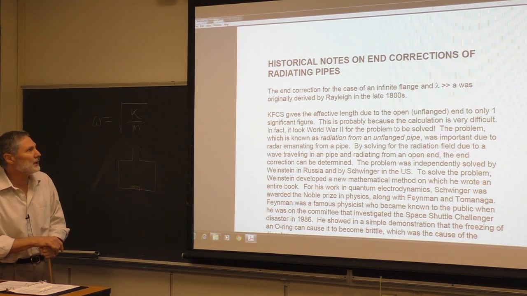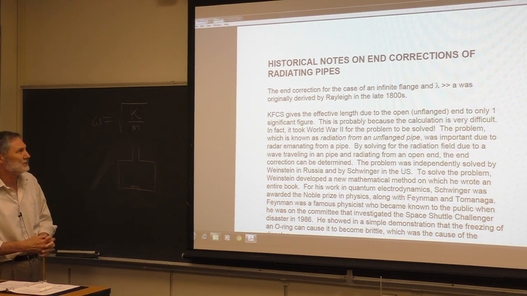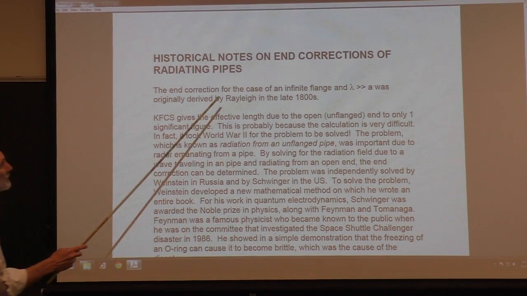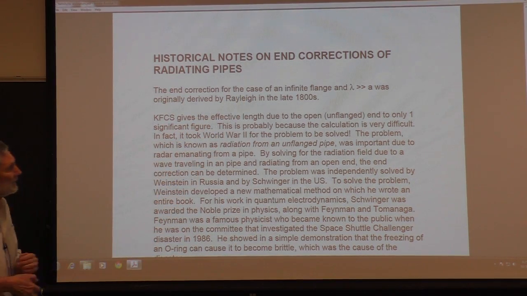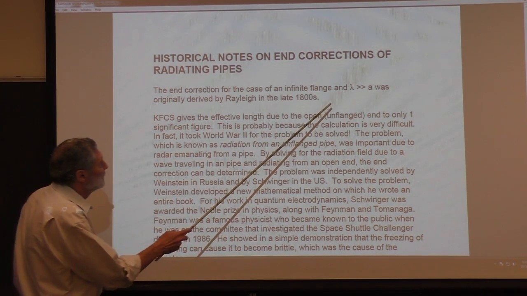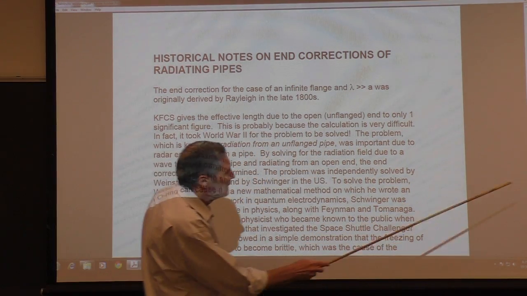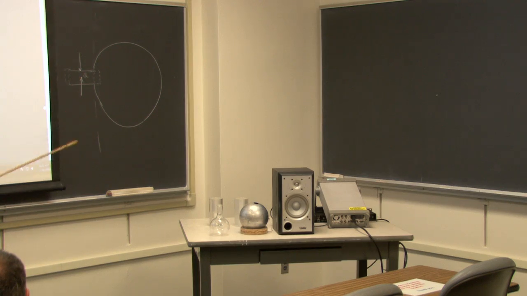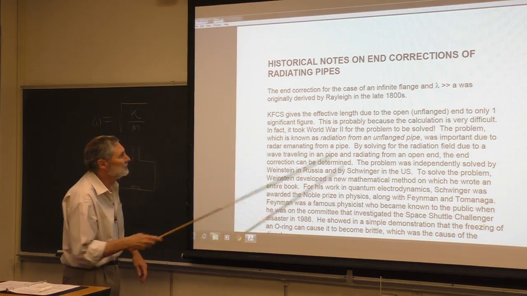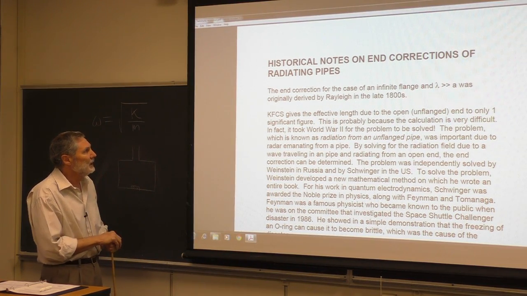All right, but before we do that, I want to mention some interesting historical notes here. So Rayleigh found he could analytically do it, and we'll go through essentially this calculation, in the limit of long wavelengths, so that means long wavelength compared to the radius here of the neck. He did this in roughly the late 1800s.